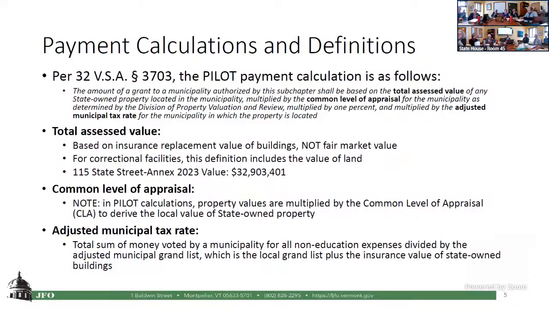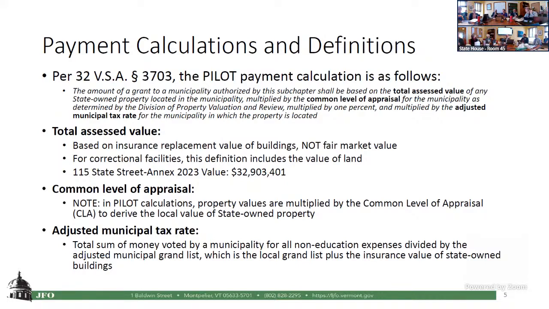The CLA, as I noted, I want to flag again that property values within the pilot program are multiplied by the CLA to derive the local value of state-owned property. I find that to be so profoundly confusing, and I wondered if you see a logic in it that you could explain to me. The way I understand it is that the insurance replacement values are kind of state values.